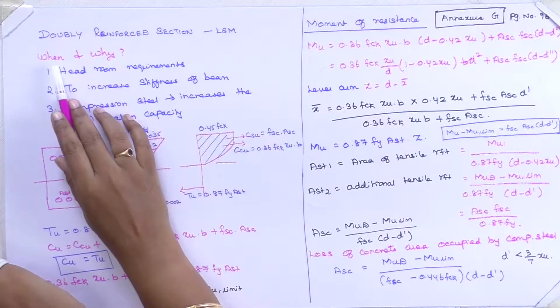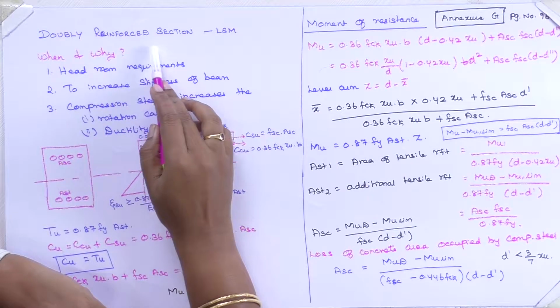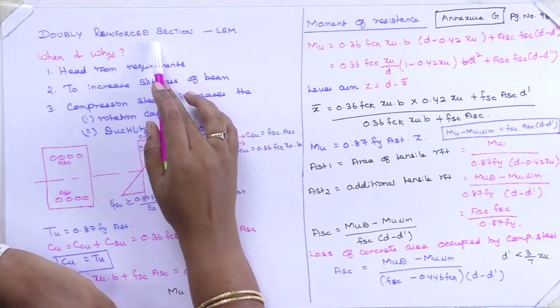Okay, when and why can we choose this doubly reinforced section? That is one of the major thoughts in the designer's view when I want to choose my beam as a doubly reinforced section.